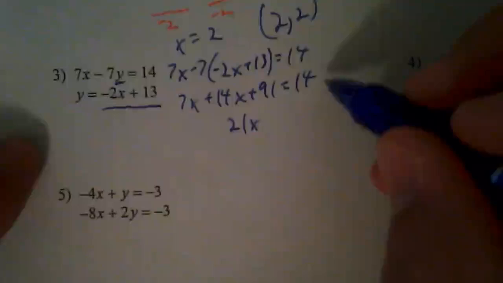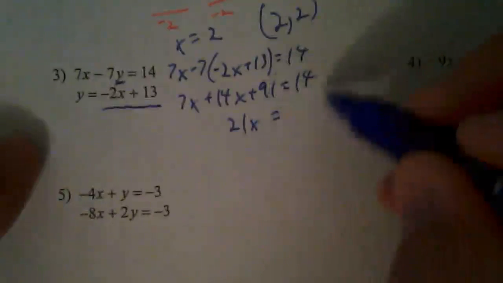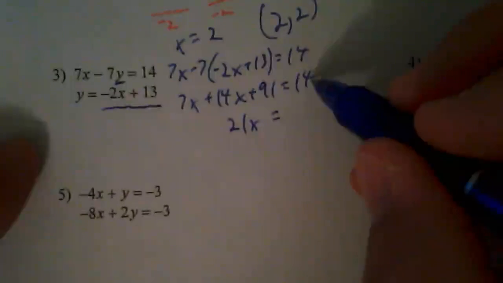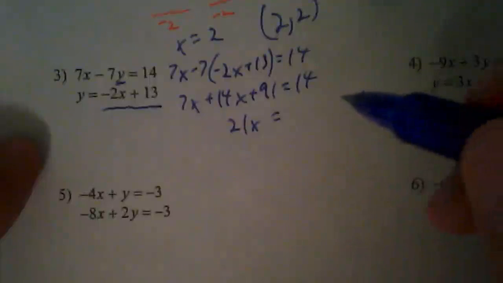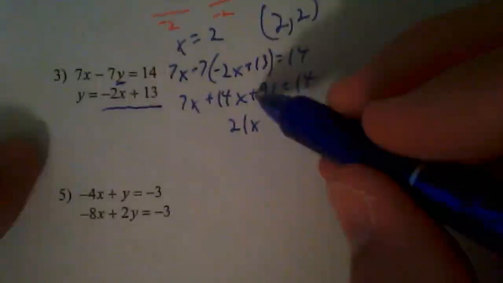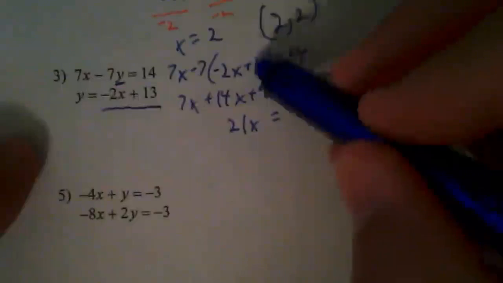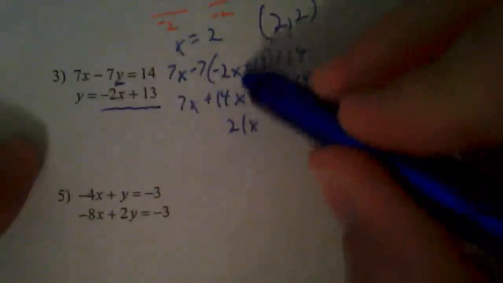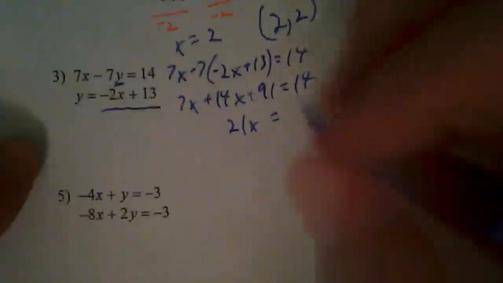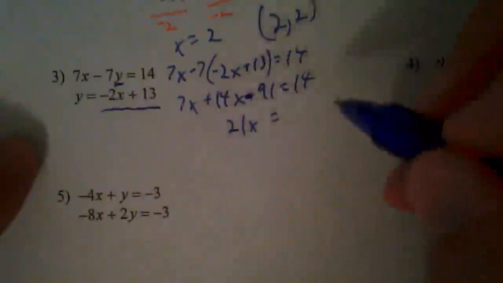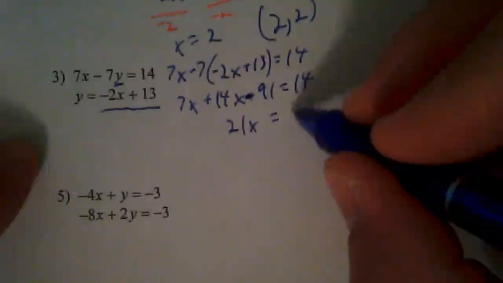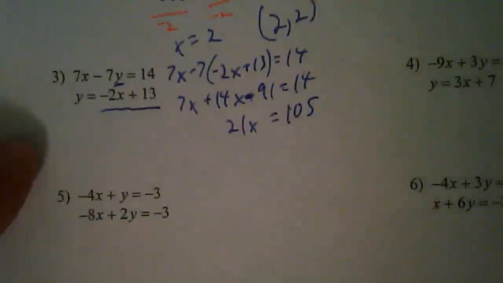You go ahead and bring this 91 over to the other side as well, so subtract that off from both sides. Wait, that should not be positive, that should be negative, because we had a negative 7 times a positive 13. That should be negative 91. So we're going to add the 91 to the other side, which makes this 105.